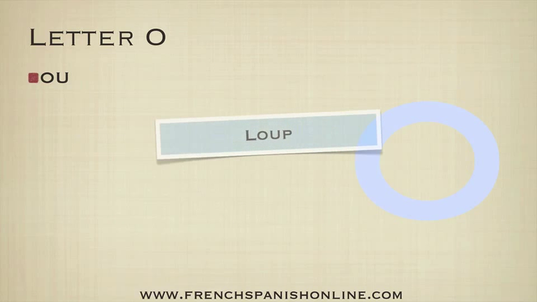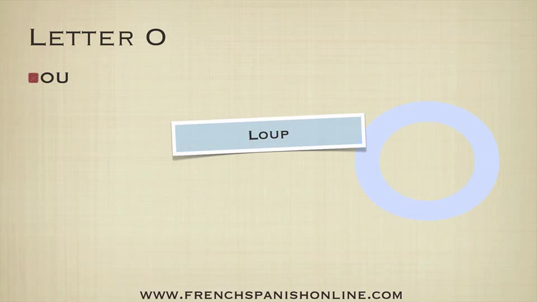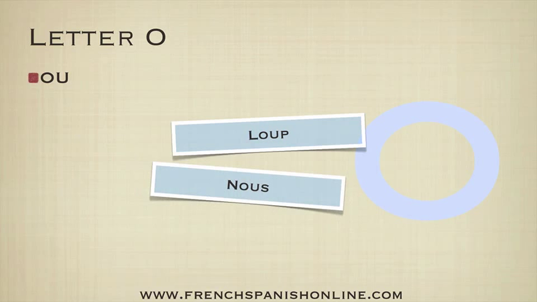Another combination of letters, O, U. Here it's simple, we just say ou. Le loup, the wolf. Nous, we. La roue, the wheel. So the sound here is ou.